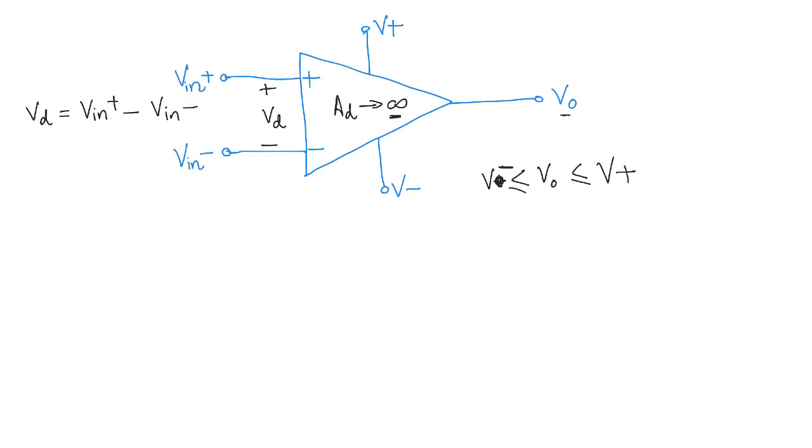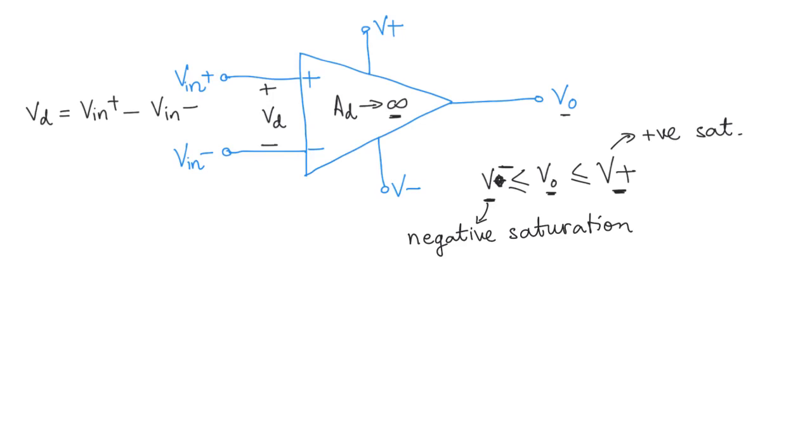So V output cannot go beyond this, and when V output reaches the lowest value possible, which is V minus, or the highest value, we say it has reached saturation. On this end, we call this negative saturation, and on the other end, we call it positive saturation.